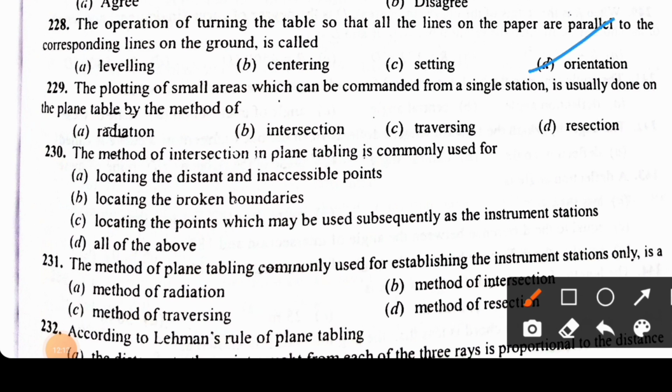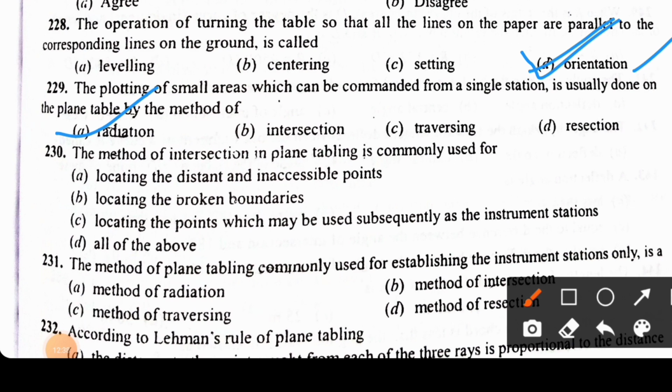Correct answer D, orientation. The plotting of small areas which can be commanded from a single station is usually done on the plane table by the method of radiation. Correct answer A, radiation.